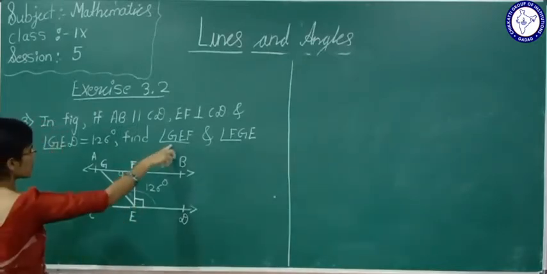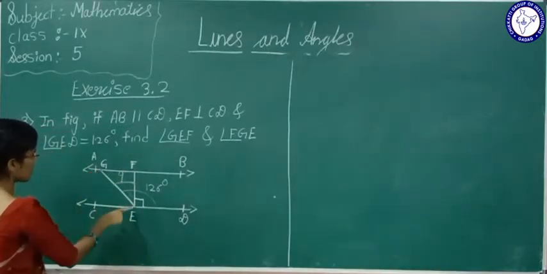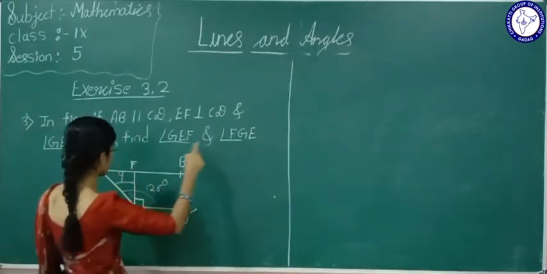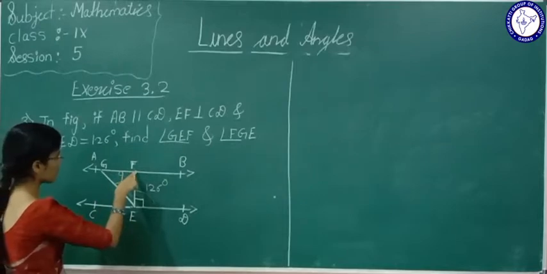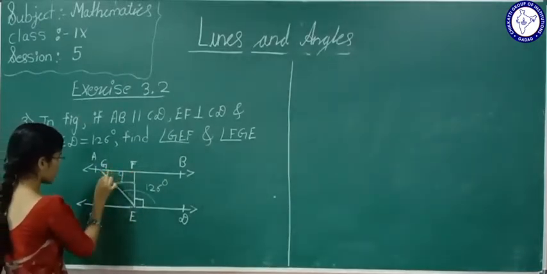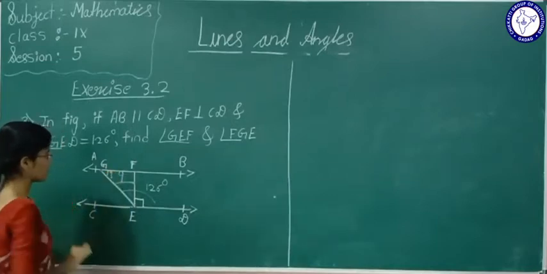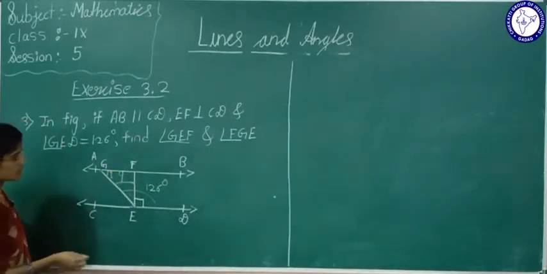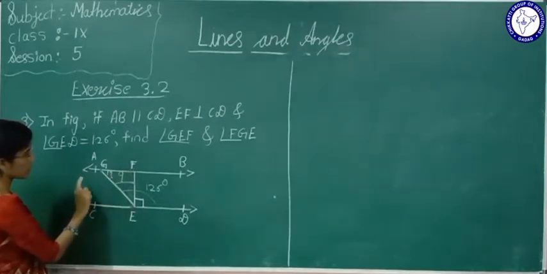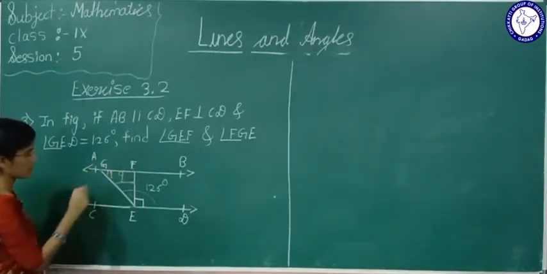So first we have to find out GEF, this angle, and one more angle is FGE. This angle we have to find out here. Now see here, we have to find two angles. Number one is angle E, that is angle GEF, and one more is FGE.